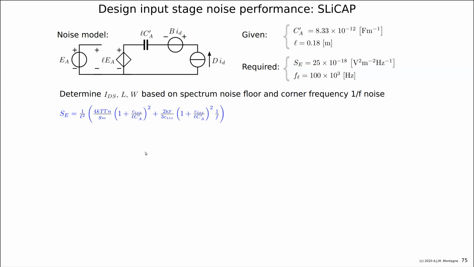Let's first look at the 1 over f noise. If you look at the 1 over f noise, you see in the term 2 kF divided by 3 Ciss and this next term there, it is a term that depends on Ciss. And there we have a question.